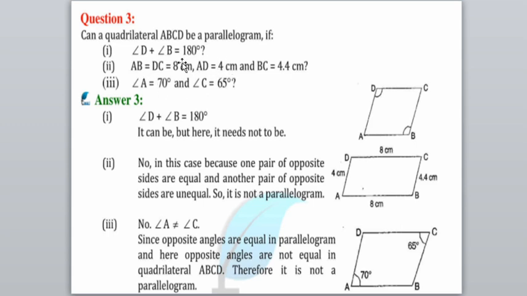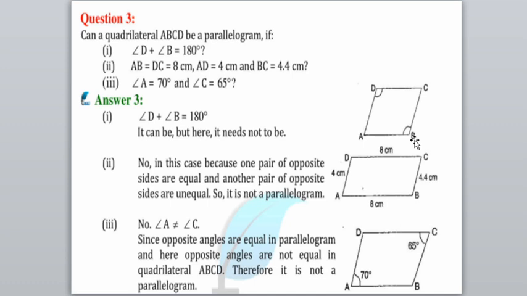So the first condition is angle D plus angle B equals to 180 degree. Is it possible? For that we will draw a parallelogram ABCD, and the condition given here is angle D plus angle B equals to 180 degree.